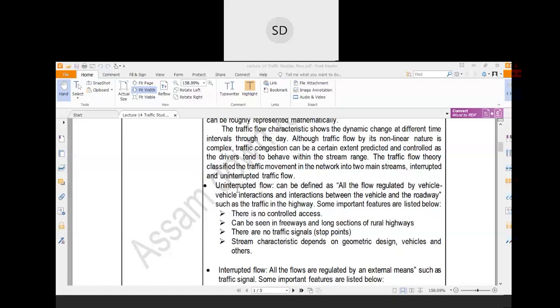The vehicles or drivers have complete authority to drive their vehicle. This condition can be seen on a highway, and traffic stream characteristics depend only on the geometric design, vehicles and others.